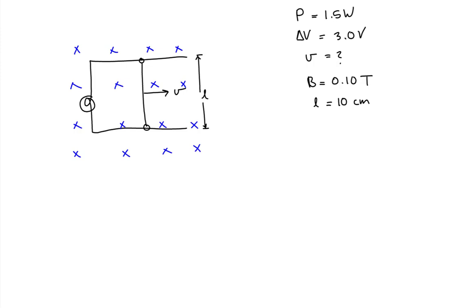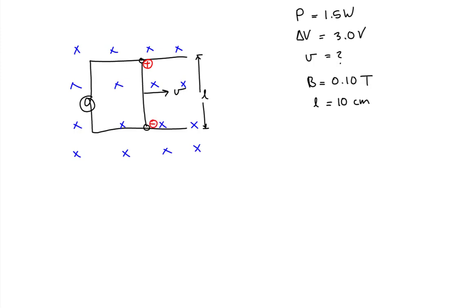So now that this wire on the rails can move, we know that motional EMF will establish a potential difference between the top of this moving wire and the bottom of this moving wire. Based off of what we've learned before, we know that this potential difference will cause positive charges to accumulate at the top of this wire and negative charges to accumulate at the bottom of this wire.